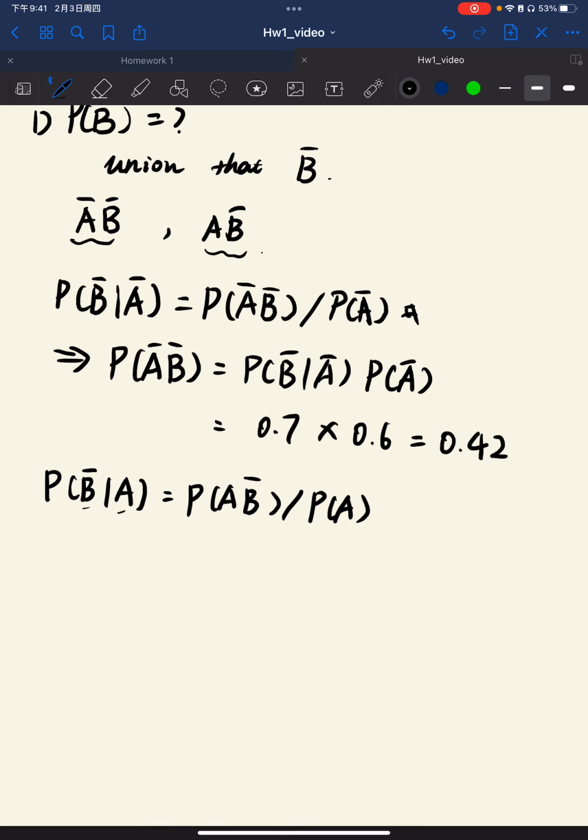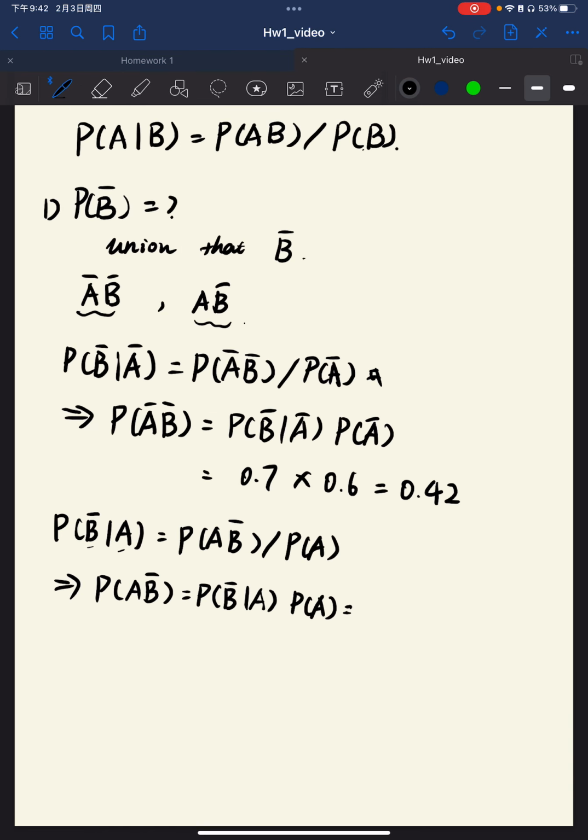So P of A and B bar is equal to the conditional probability of B bar when A happened times the probability of event A, which is 0.2 times 0.4, and here it is 0.08.